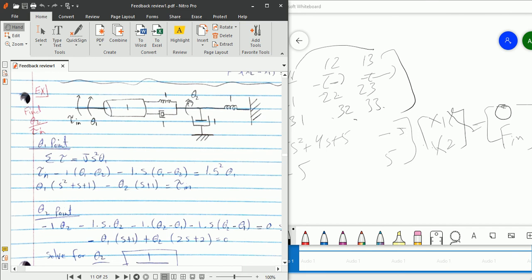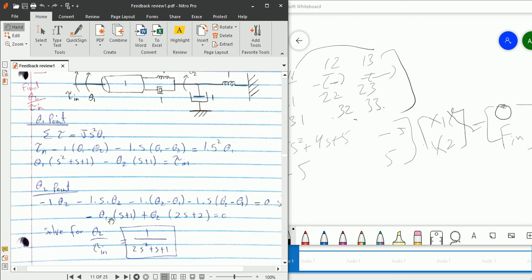Now for these two terms we will write minus 1 dot theta 2 minus theta 1. This is for this spring, and minus 1 dot s theta 2 minus theta 1. Okay, and there is no torque here, so equate it equal to 0. Okay, so now solve it. If you solve these things, you get an expression like this.